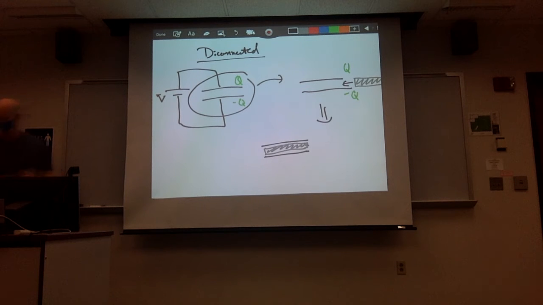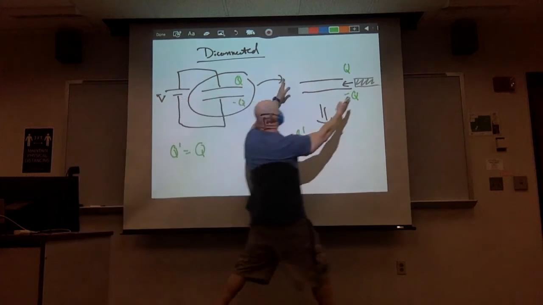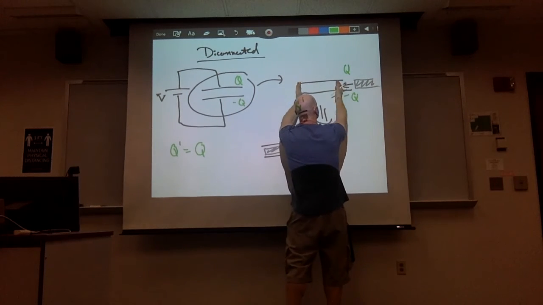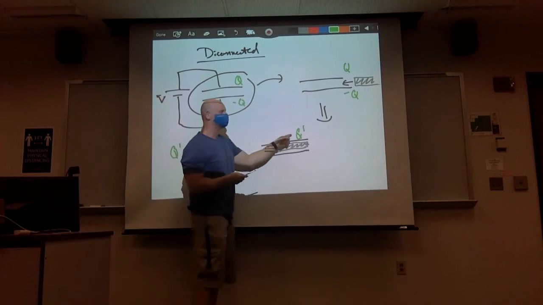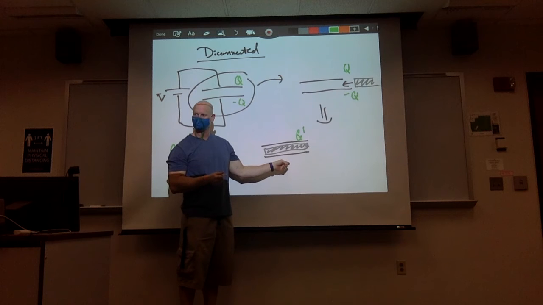Good. Exactly. Fantastic. So in this case, my new charge on my parallel plate capacitor is actually equal to the original charge. As Tim was saying, there's basically no input and there's no output, right? Which means that when I shove this dielectric inside the parallel plate capacitor, there's no place for the charge to go.